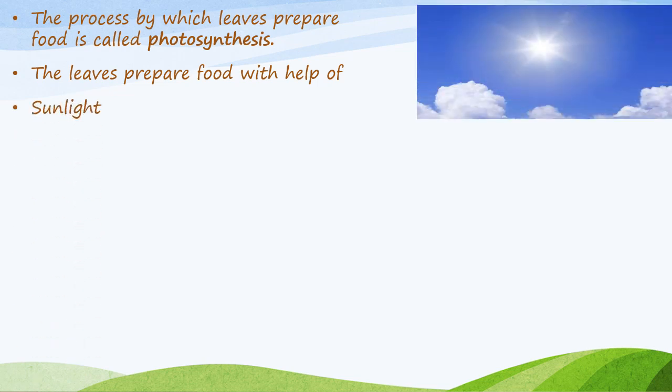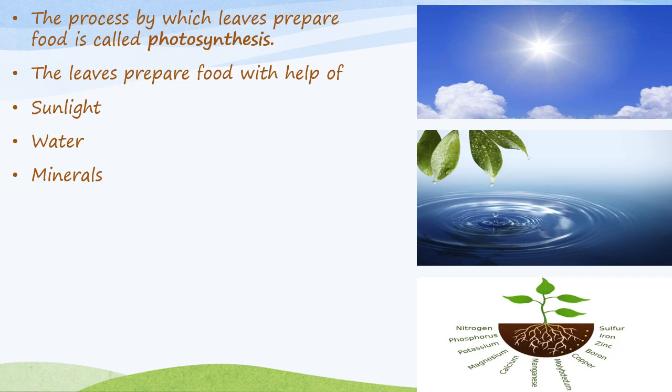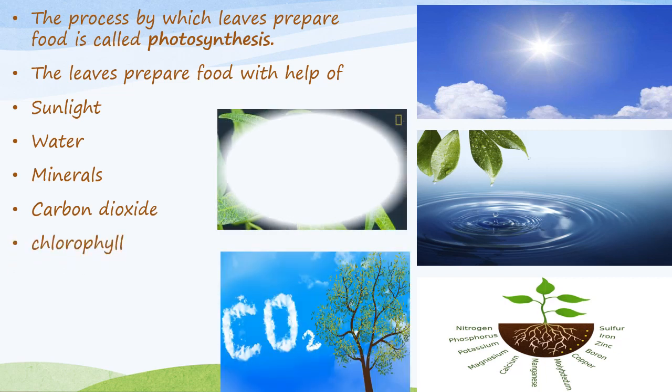The process by which leaves prepare food is called photosynthesis. The leaves prepare food with the help of sunlight, water, minerals. Okay, there are a lot of minerals in the soil: nitrogen, phosphorus, potassium, magnesium, and many other things. Then carbon dioxide and chlorophyll.